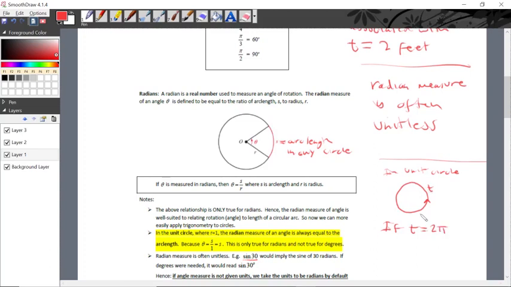Because the circumference of a circle is 2 pi times r. But if it's the unit circle, then r is equal to 1. So the circumference is equal to 2 pi times 1.